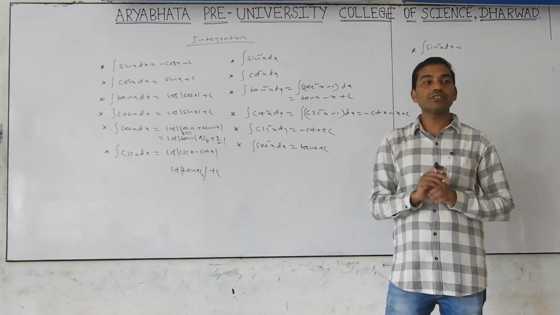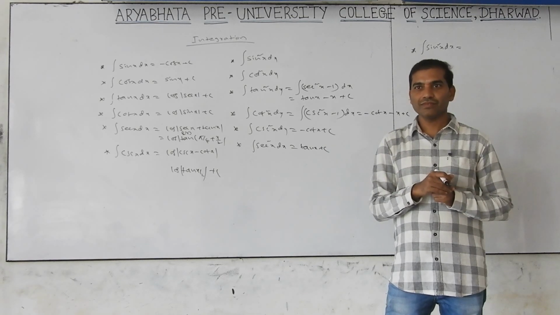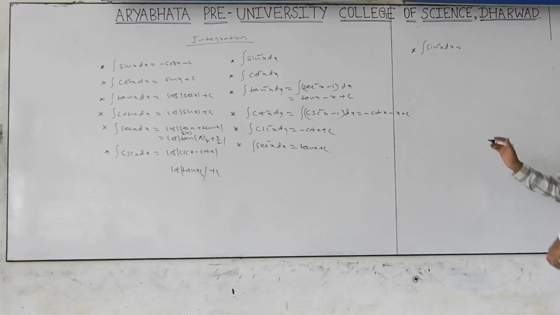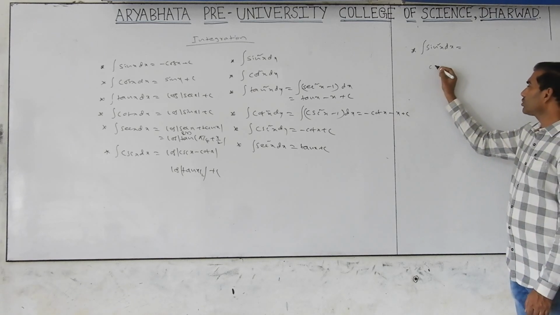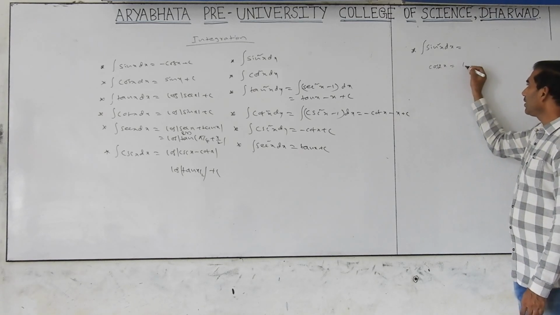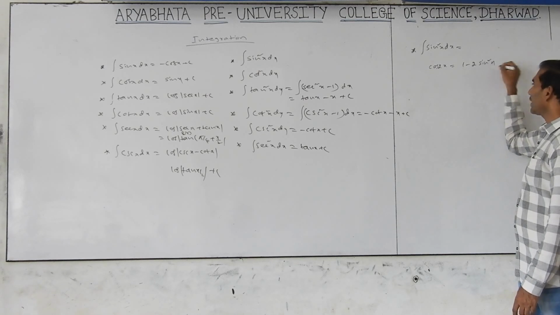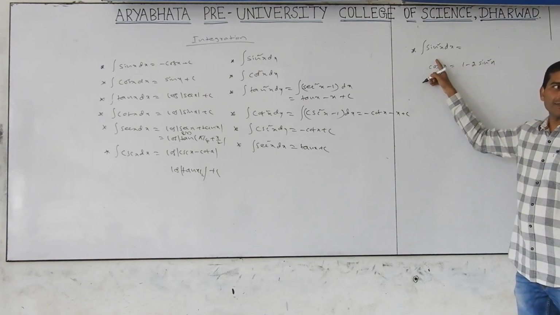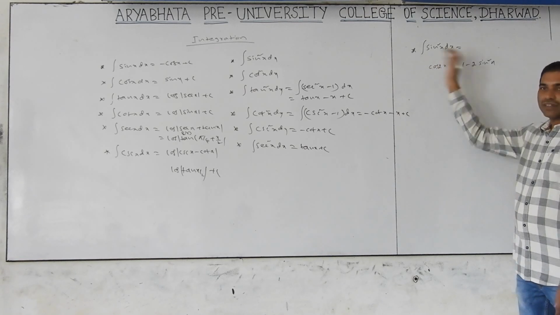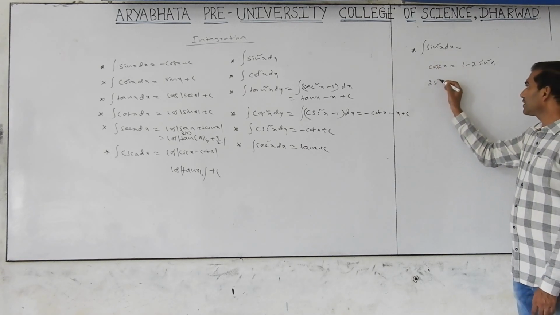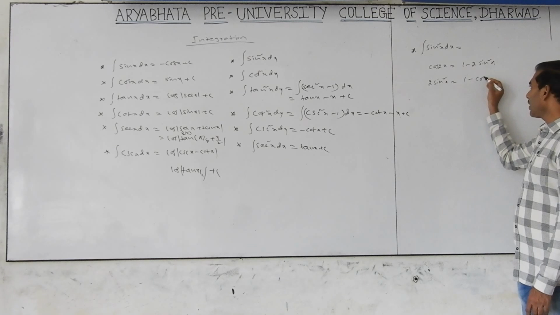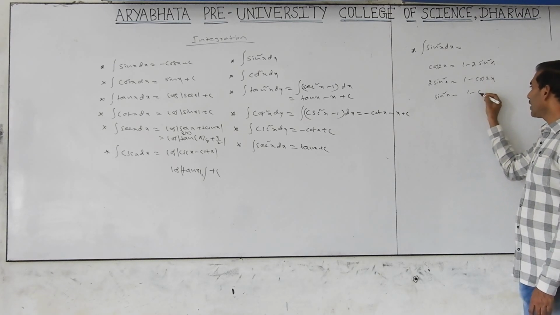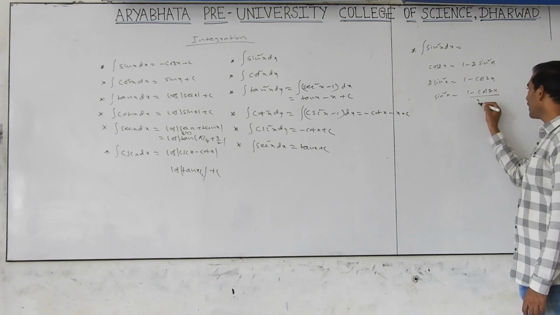So we have to reduce the power. What is the reducing formula? We know cos 2x equals 1 minus 2 sin square x. Here the power is 2, there the power is 1. So 2 sin square x equals 1 minus cos 2x, and sin square x equals 1 minus cos 2x by 2.